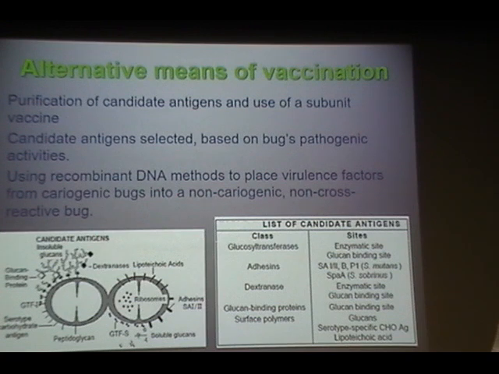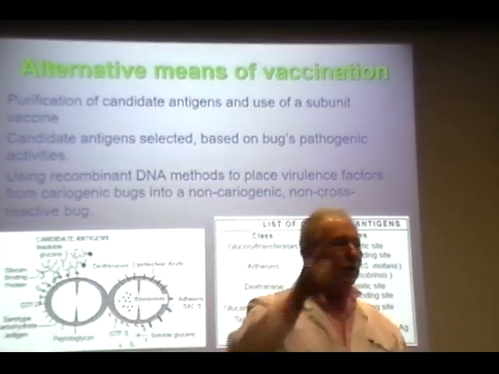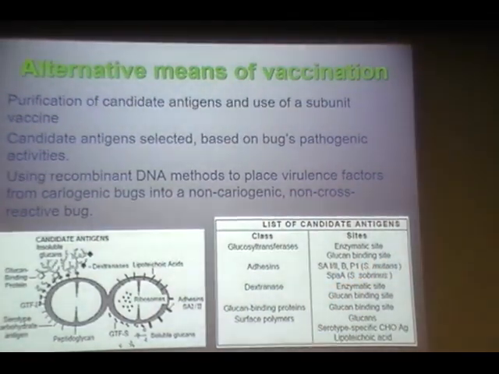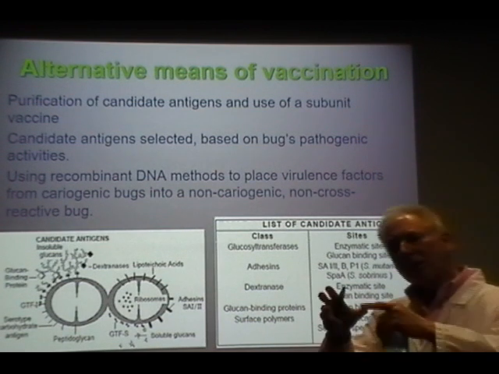I told you that strep mutans is not an organism that readily binds to salivary pellicle. But you only need one, right? You only need one bug to bind somewhere on a tooth surface in a child's mouth to be dangerous. And that's what happens. Now that bug is bound.